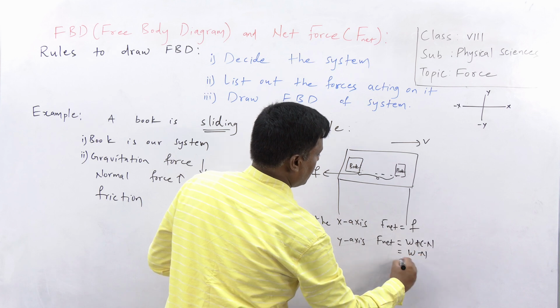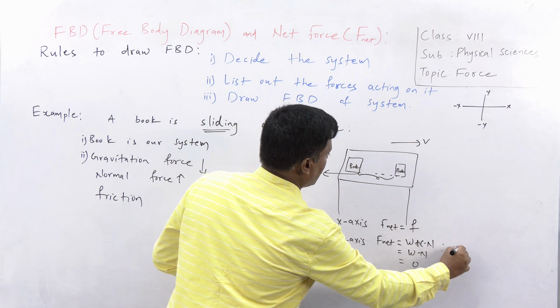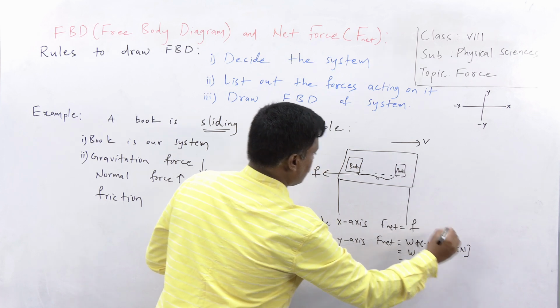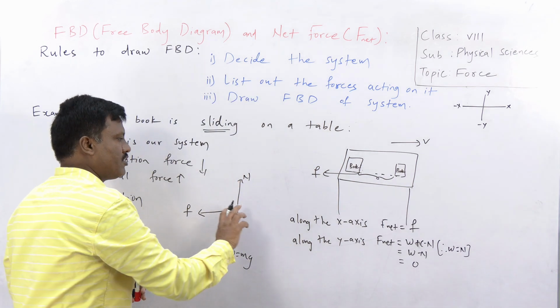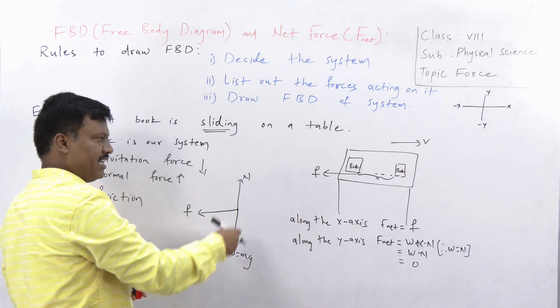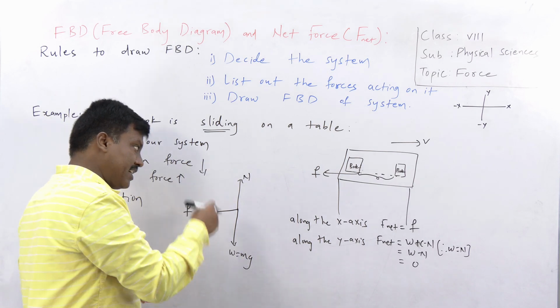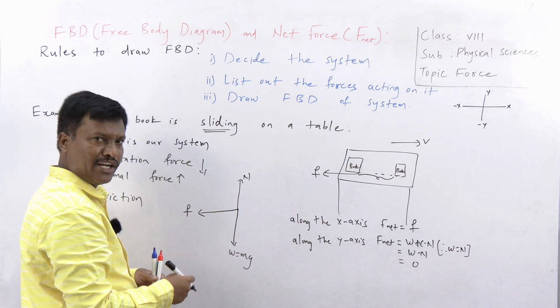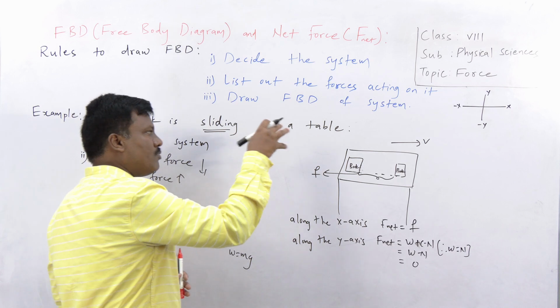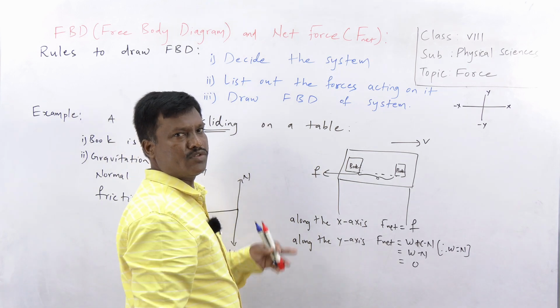But it is 0 because both are equal in magnitude. The magnitude of the gravitational force and normal force are equal. That is why vertically net force is 0, but horizontally there is a net force. But that net force is a negative force which opposes the motion of the book. That is why it slows down.